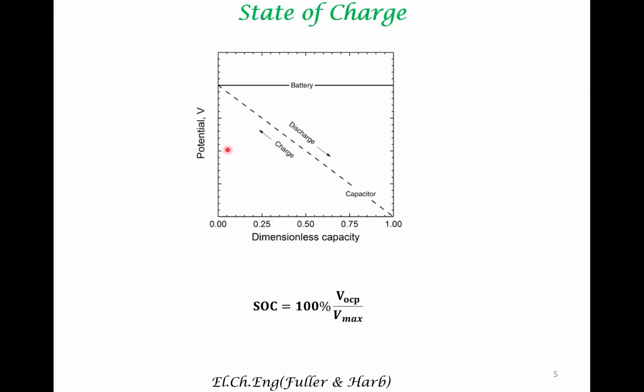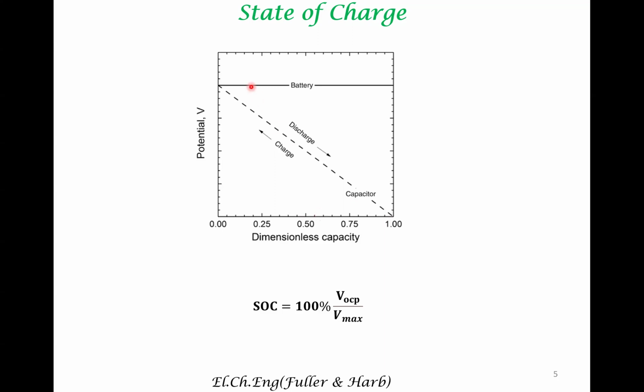Supposing the open circuit potential of a capacitor is at a particular level, you can easily correlate the voltage of the capacitor, that is VOCP, to the extent of discharge. Supposing you are at this potential, then it means that you have discharged the capacitor and it has about 50% charge left to be discharged.